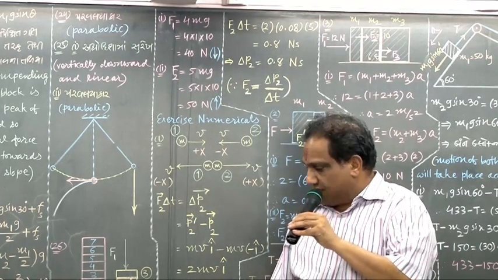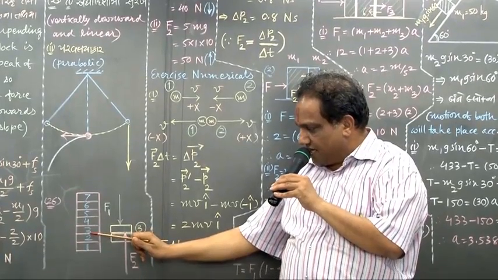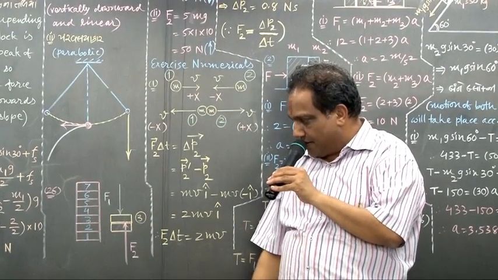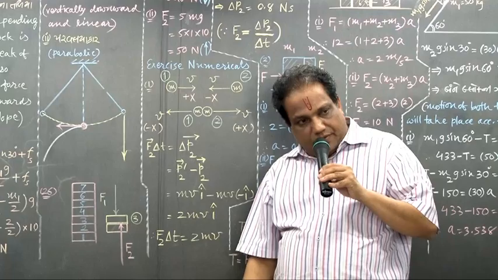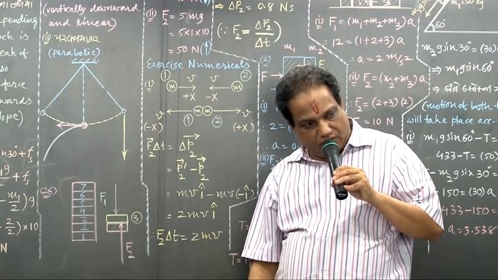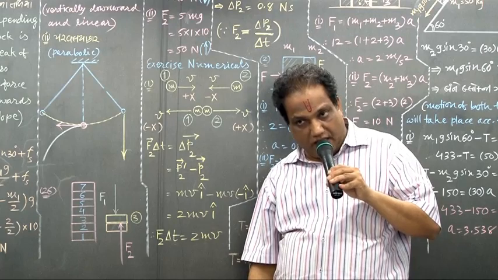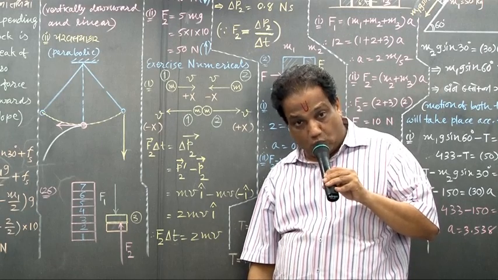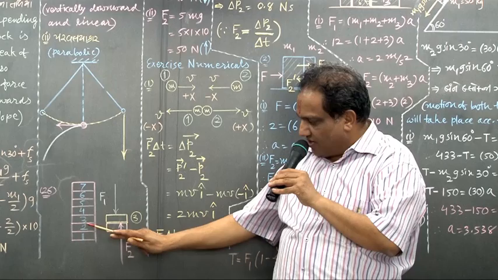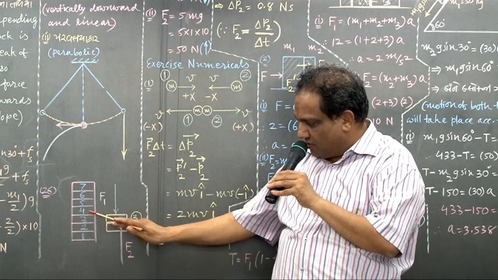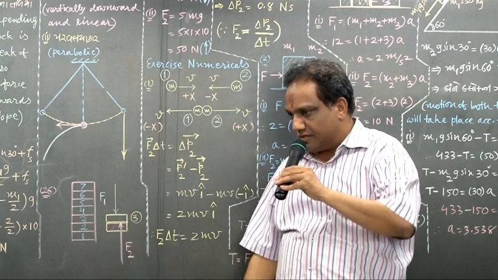Now what have they asked? The contact force exerted at the bottom face of block number 3. Then first of all you find out what is the total weight of the 5 blocks which are lying above the upper face of block number 2. Above the upper face of block number 2, there are 1, 2, 3, 4, 5 blocks.